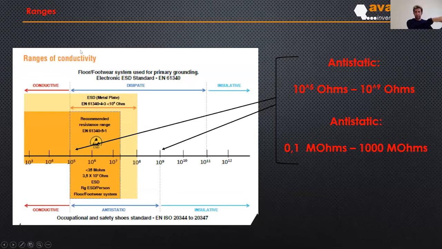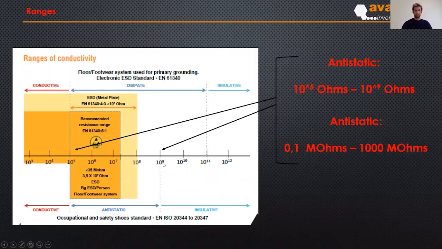Okay, if we focus on the range of conductivity, this is the general range that people use. It is quite easy to find. People in general talk about an insulative material when it has a resistivity, because the majority talk about resistivity in ohms in this case, higher than 10 to 9.